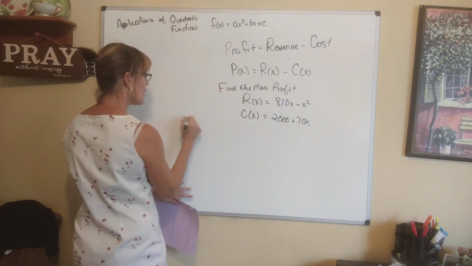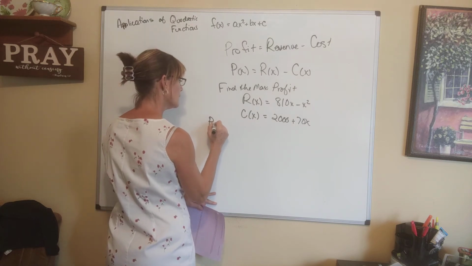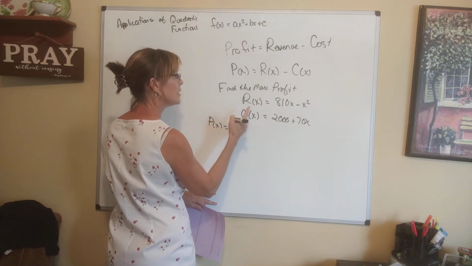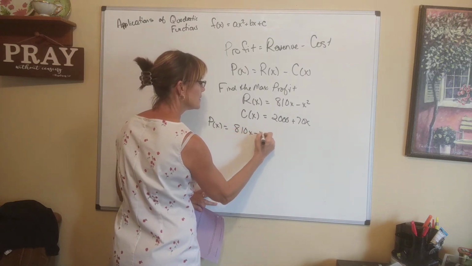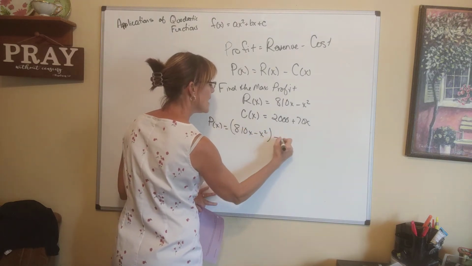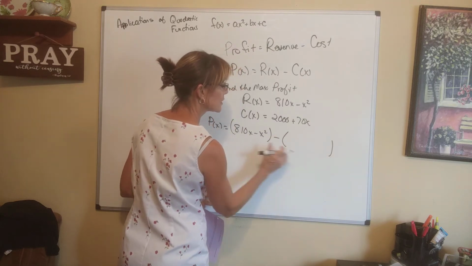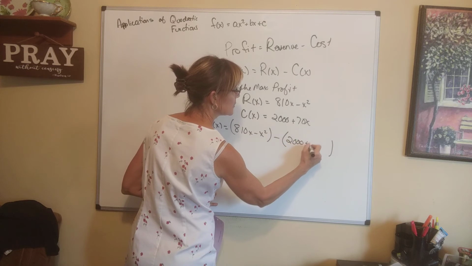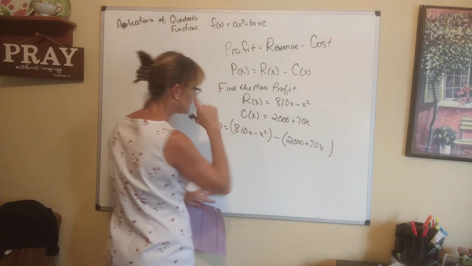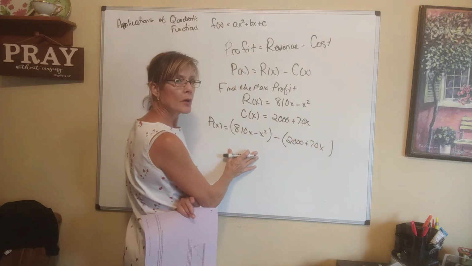Let's do this. Profit, P of X, is equal to revenue, so just write that down: 810X minus X squared. Profit minus, put parentheses here, because we're going to subtract the entire cost: 2,000 plus 70X. And so now we're about to come up with our profit equation.